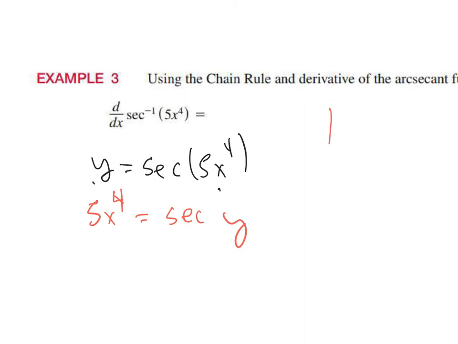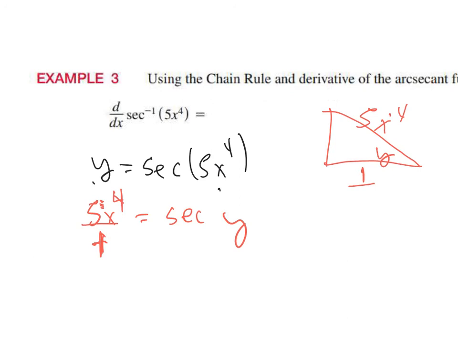May as well draw my triangle. Here's my y. Secant is the reciprocal of cosine, which is normally adjacent over hypotenuse, so this must be my hypotenuse over the adjacent: 5x to the 4th over 1.